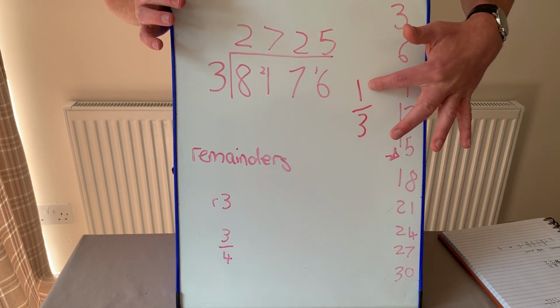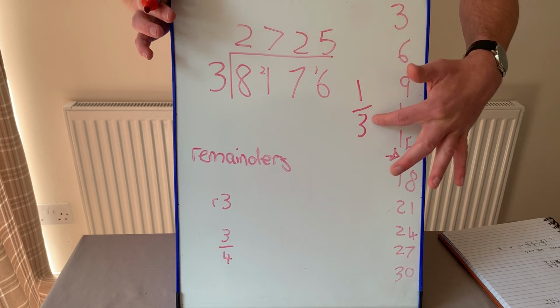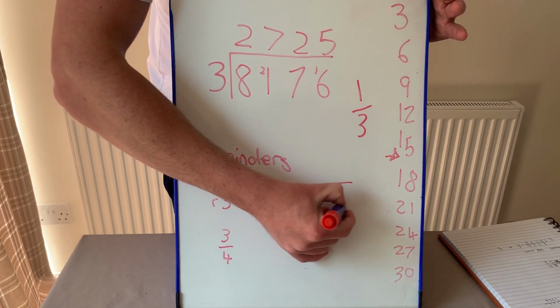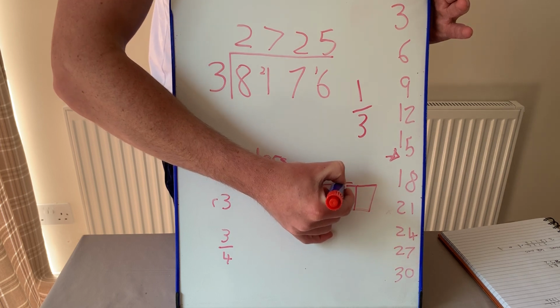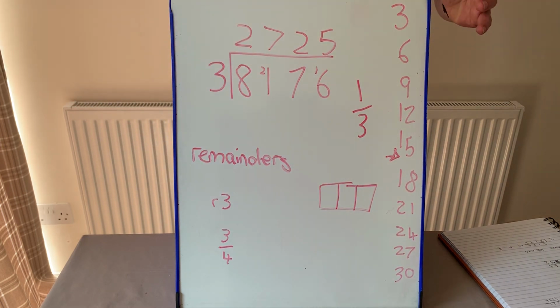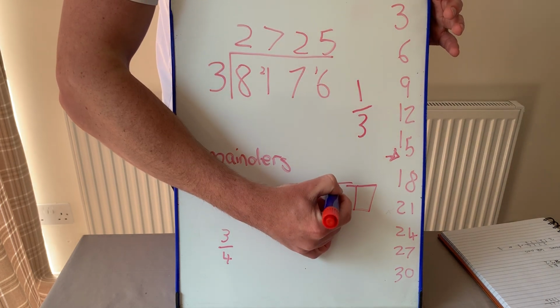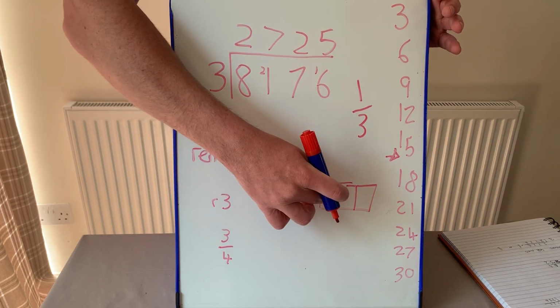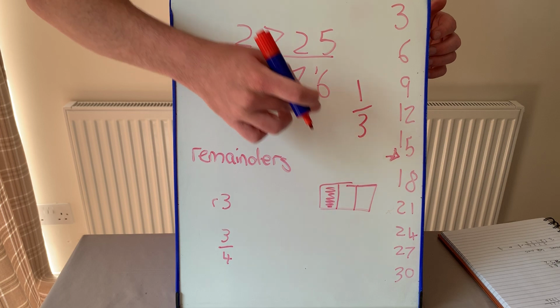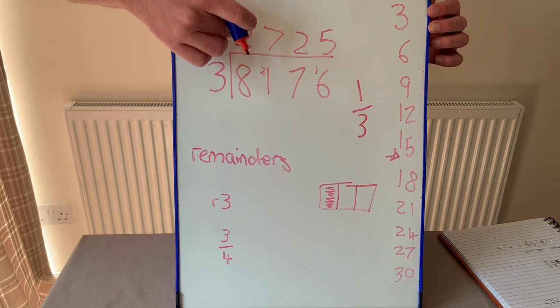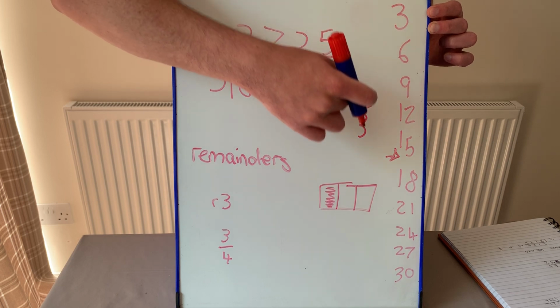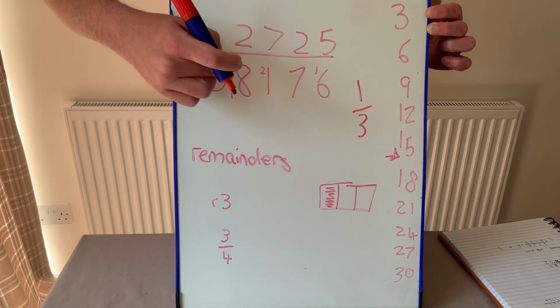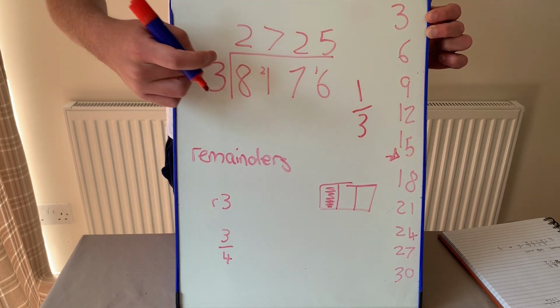So we know that 1/3 means 1 out of 3. Because if I look at a third like this, just imagine that they're equal. I know that this is really naughty of me for not making sure that they're equal. But 1/3 means that I have got 1 piece out of 3. So I've got 2,725 and a third when I'm dividing 8,176 by 3.